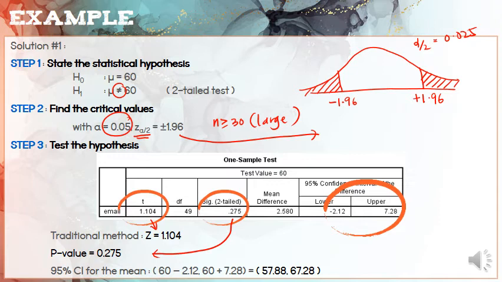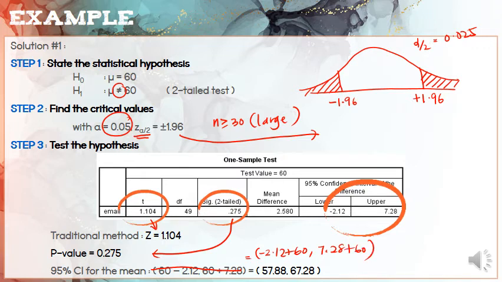Tidak perlu bahagi dengan 2 because this is a two-tailed test. And our 95% CI adalah 57.88 dan 67.28. Ini terbalik ni. Betul kan ya? It should be negative 2.12 plus 60, 7.28 plus 60.